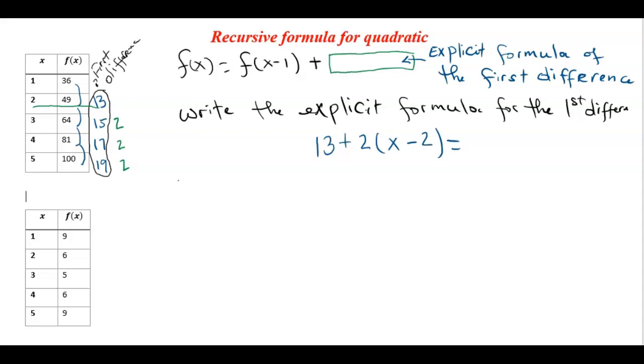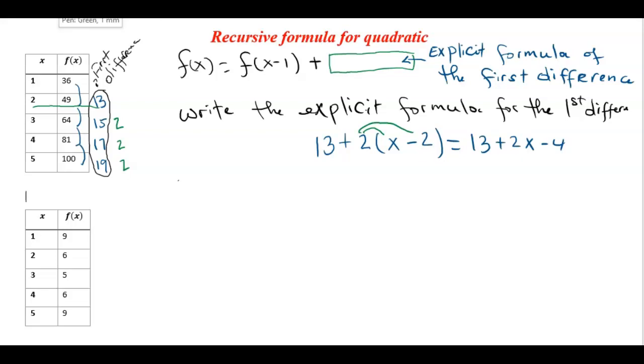And we can simplify that: 13 plus 2 times x minus 2. We apply the distributive property here. 2 times x is 2x, and 2 times negative 2 is negative 4.